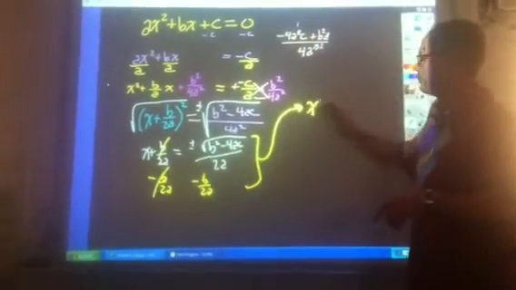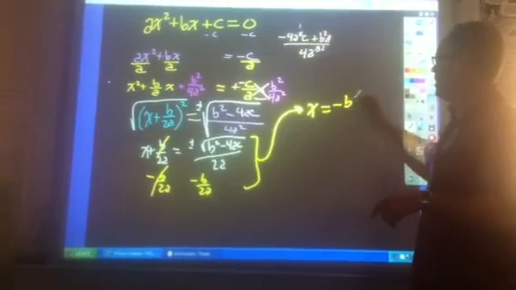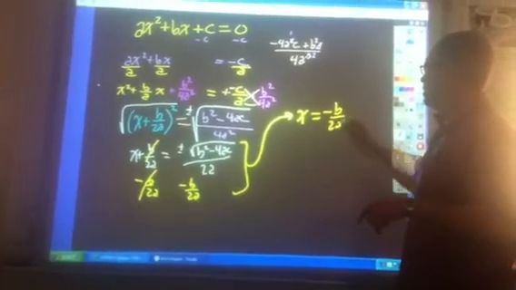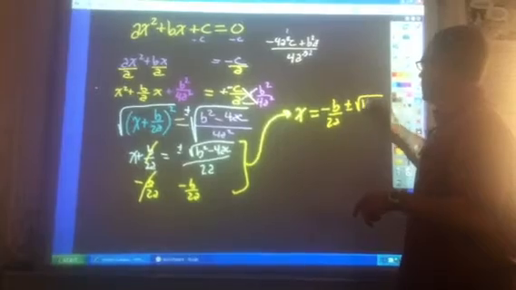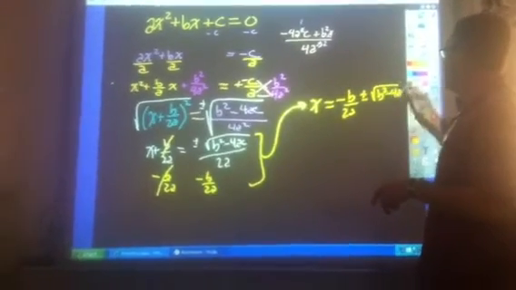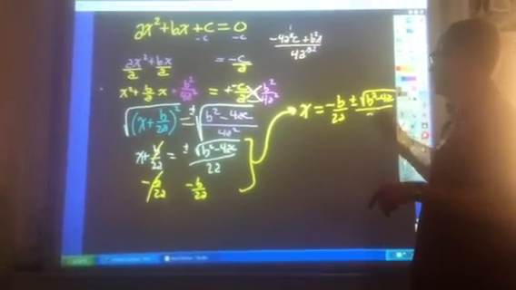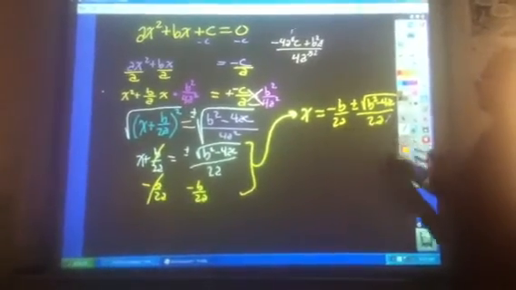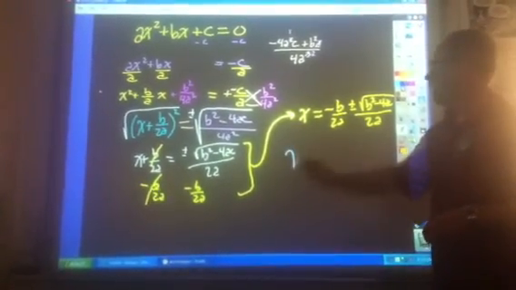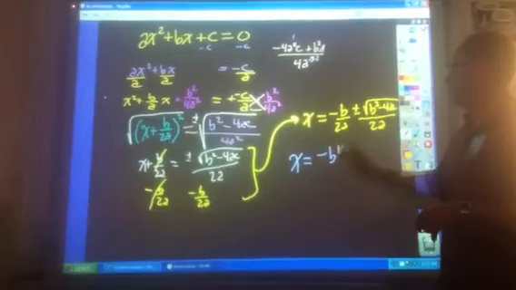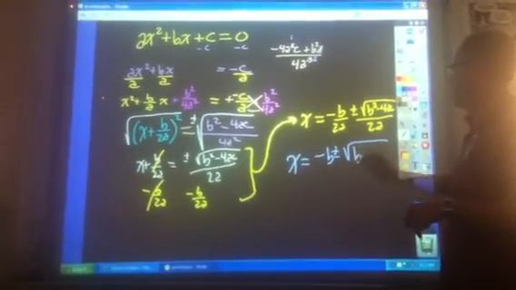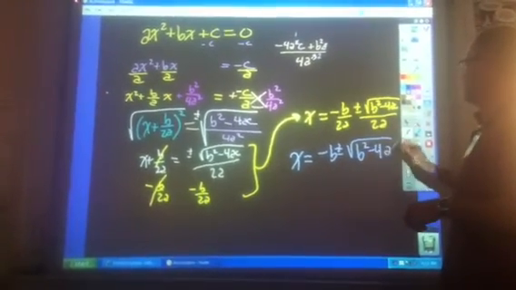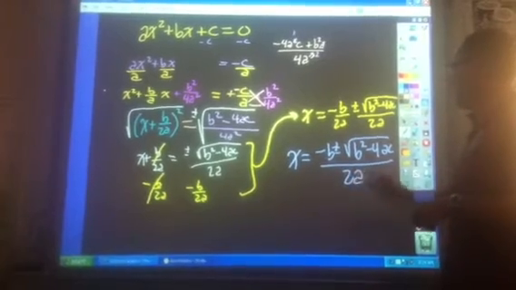So I have x is equal to negative b over 2a plus or minus the square root of b squared minus 4ac all over 2a. Do I have the same denominators? Yes. X is equal to negative b plus or minus the square root of b squared minus 4ac all over 2a.